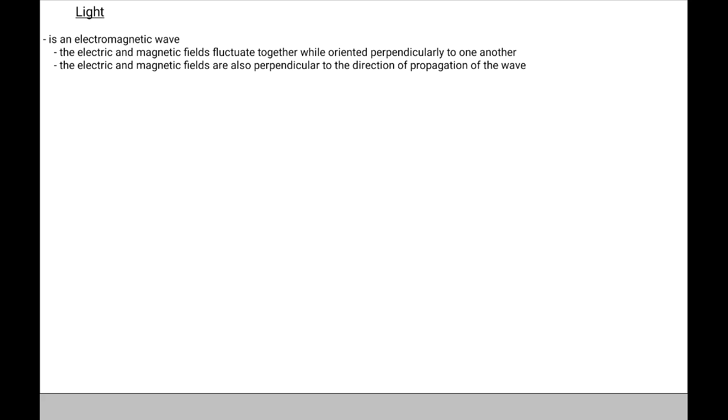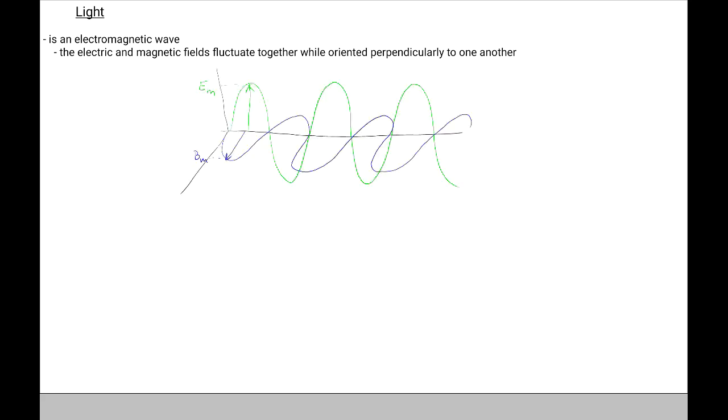Now, the electric and magnetic fields are also perpendicular to the direction of propagation of the wave. So if we go back to the previous drawing, this wave would propagate in this direction. That's the direction of propagation.